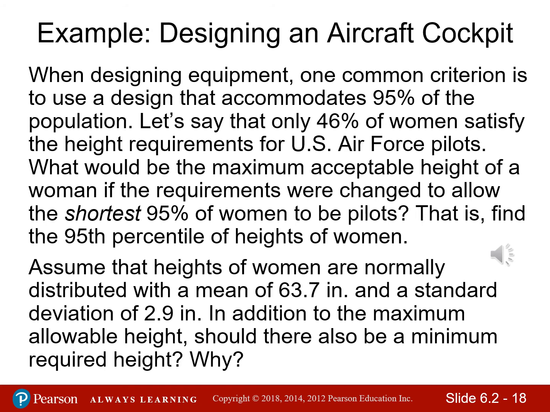That is, find the 95th percentile of heights of women. Assume that the heights of women are normally distributed with a mean of 63.7 inches and a standard deviation of 2.9 inches. In addition to the maximum allowable height, should there also be a minimum required height? Why or why not?